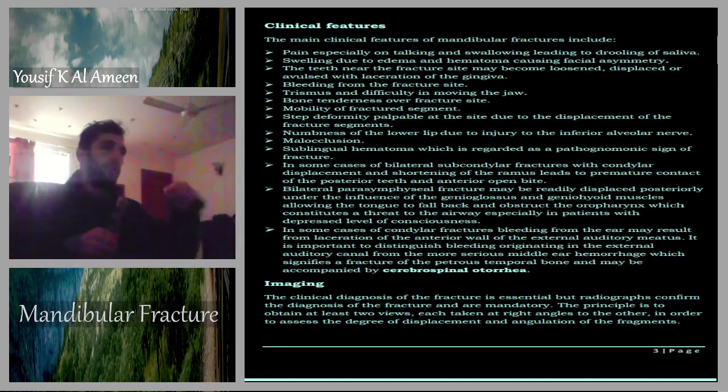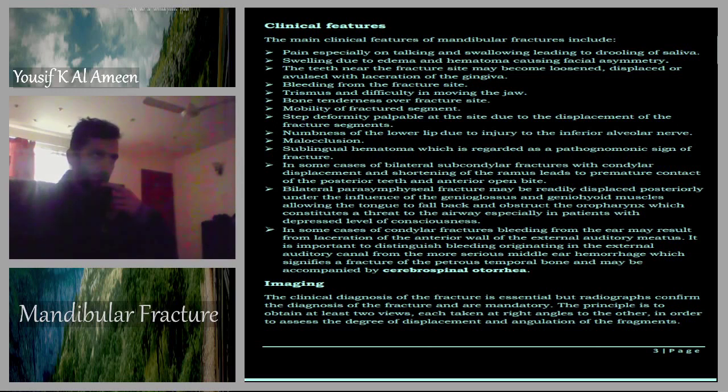The step deformity palpable at the site due to the displacement of the fracture segment, numbness of the lower lip due to injury to the inferior alveolar nerve, malocclusion, sublingual hematoma, which is regarded as a pathognomonic sign of fracture.